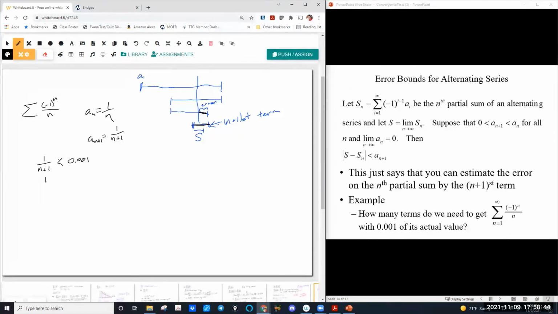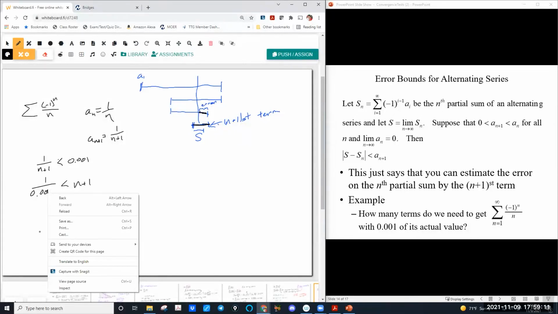So we have 1 over n plus 1 is less than 0.001. I might have added in an extra 0 there. So 1 over 1,000, and we want to solve that for n.